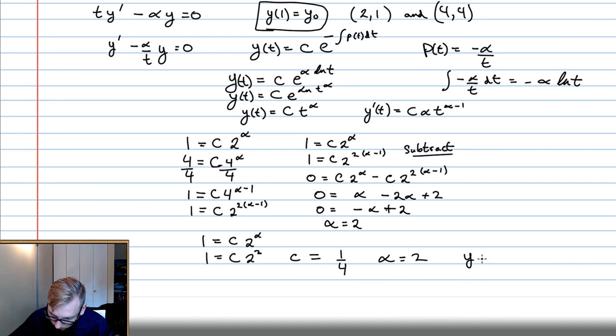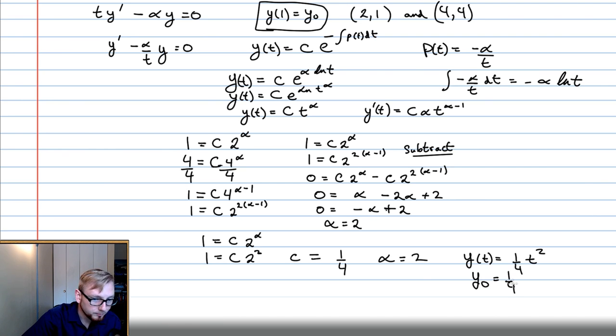Our general solution, y of t equals 1/4 t squared. The y of 1 is y0, so y0 is when t squared is 1, which is 1/4. Done. Okay. That was a start to first order differential equations.